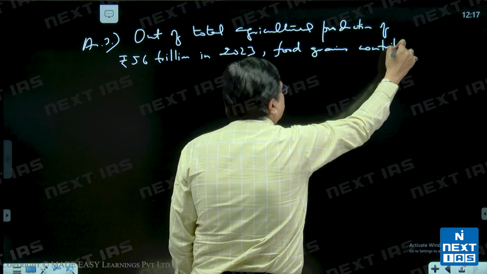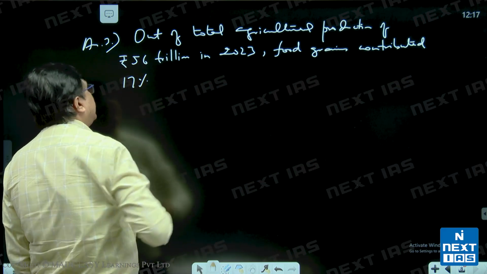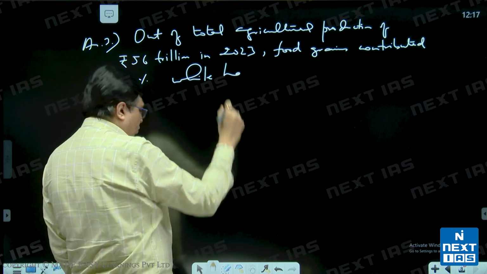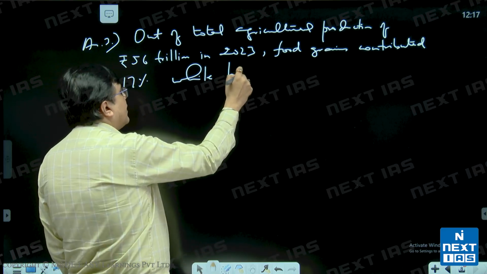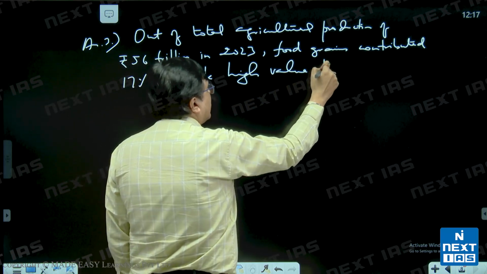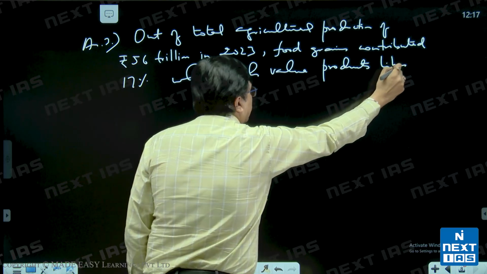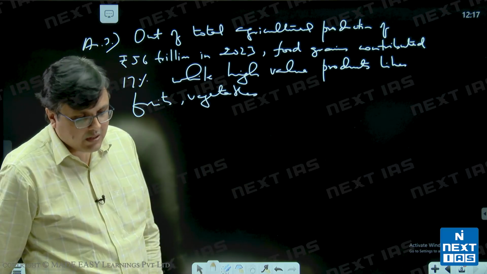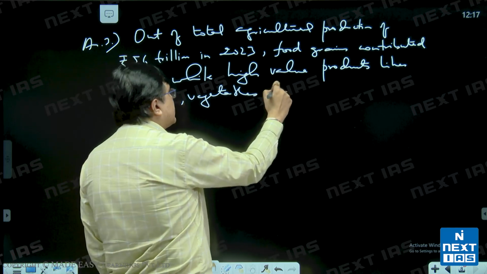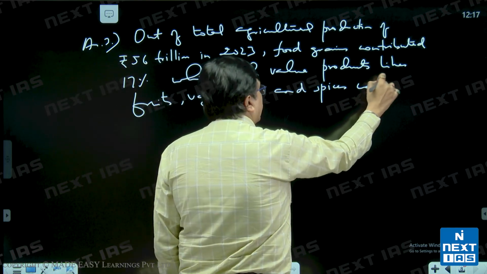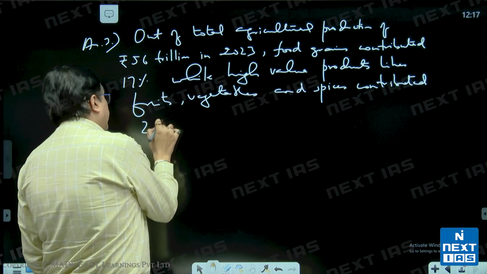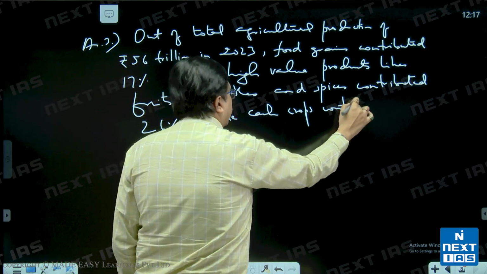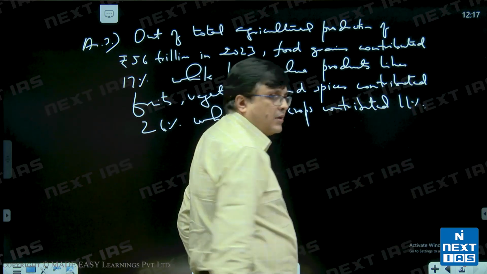food grains contributed 17%, while high value products like fruits, vegetables, mind you, these are your high value products, fruits, vegetables, and spices contributed 26%, while cash crops contributed 11%.